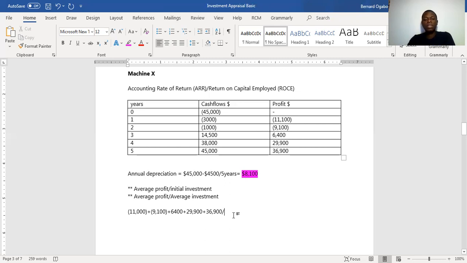So the number of years that we were accruing this profit is 5 years. So what will be our average profit?